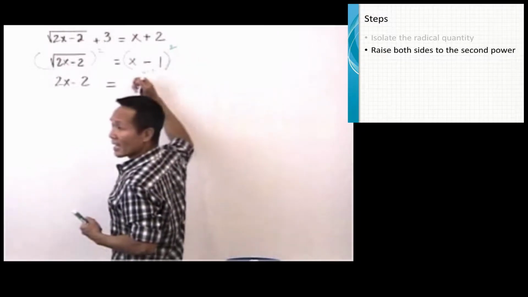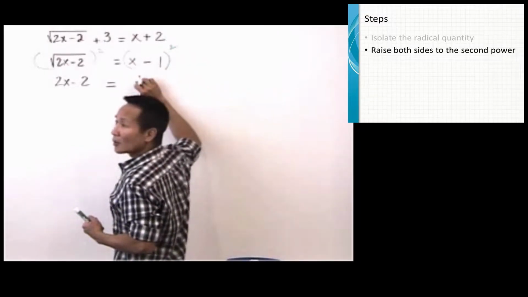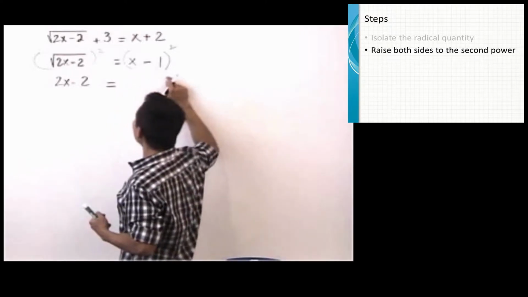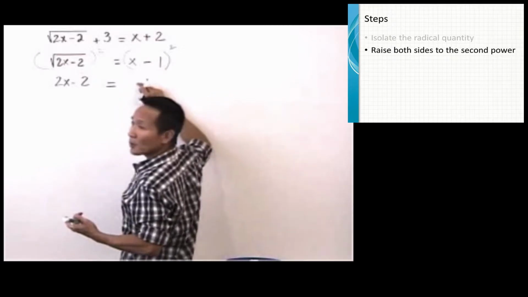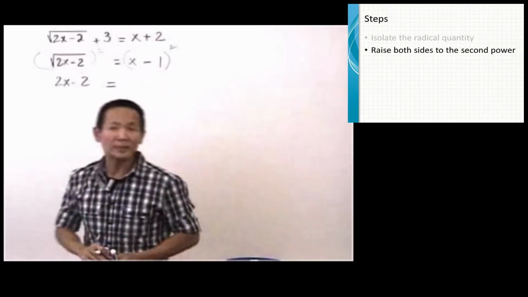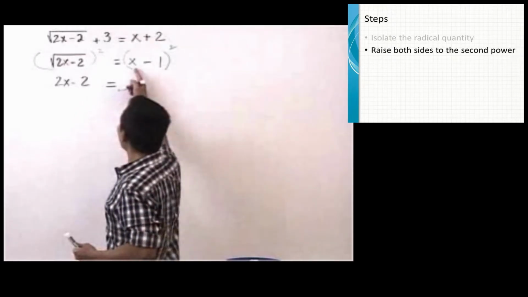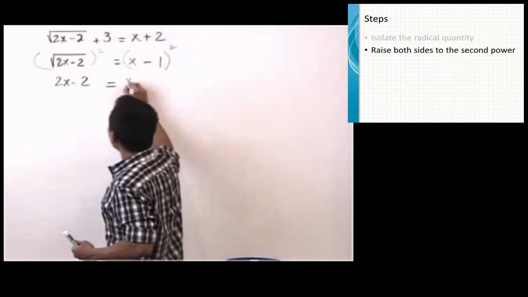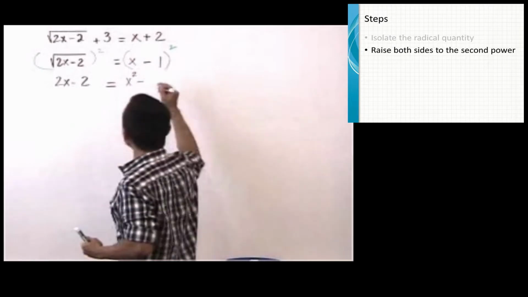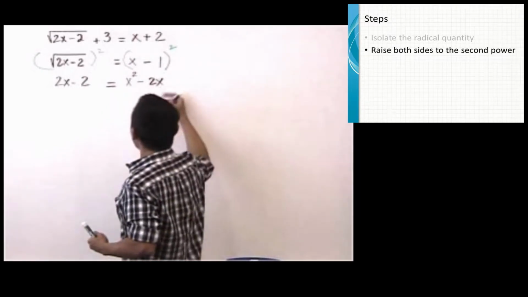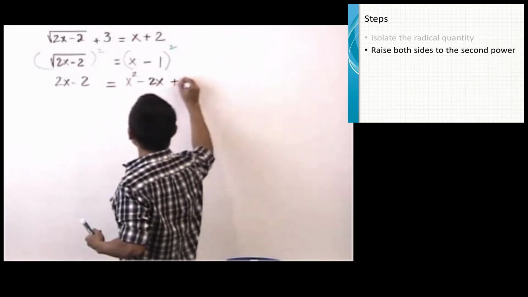Once again, we follow the formula a minus b to the second power. After FOIL, we have a squared minus 2ab plus b squared. In this case, x to the second power is x squared, minus 2 times x times 1, so I have 2x, and 1 to the second power is 1.